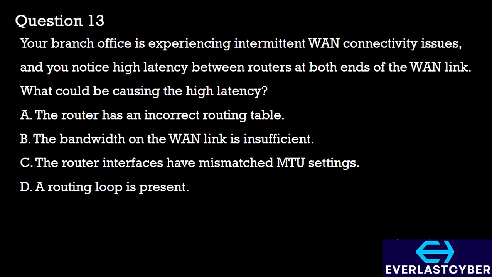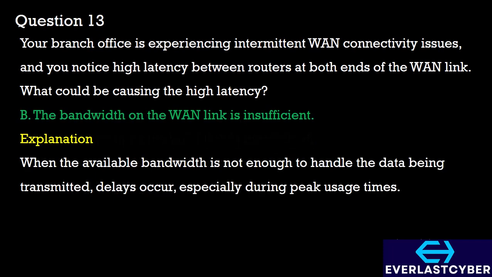In option C, mismatched MTU settings could cause fragmentation issues or dropped packets, but they don't result in high latency unless the fragmentation process becomes problematic. A routing loop would cause packets to endlessly circulate between routers, leading to network failure rather than high latency. So our answer here is option B.